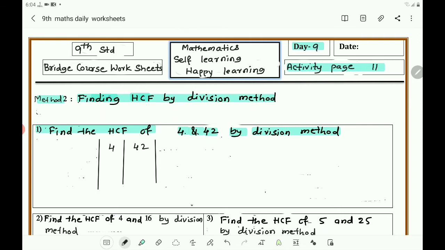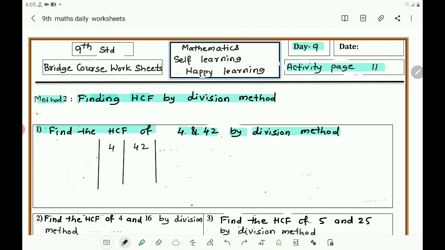Now here, out of 4 and 42, which one is smaller? 4 is smaller. So you divide 42 by 4.